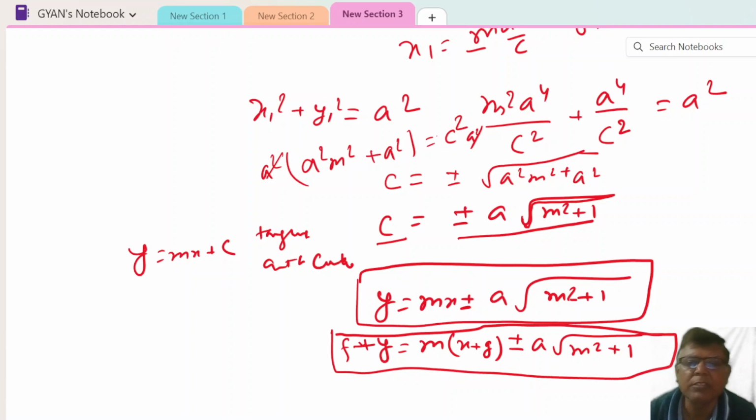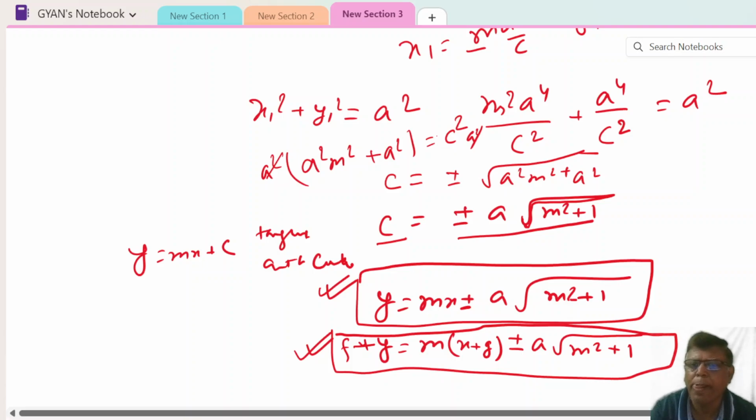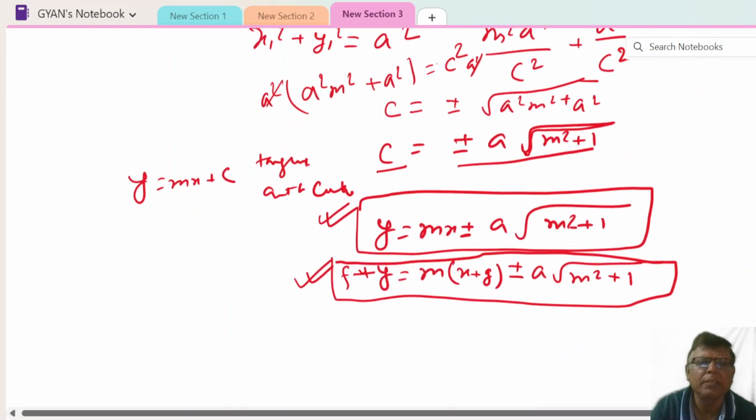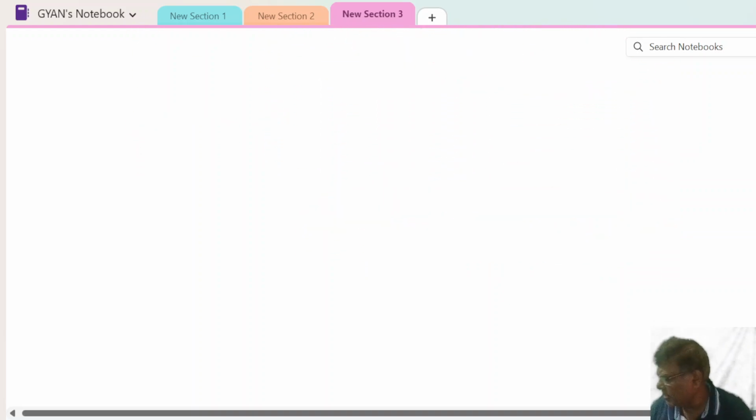If a tangent is there, then this condition must be satisfied. So this is also a very useful formula.